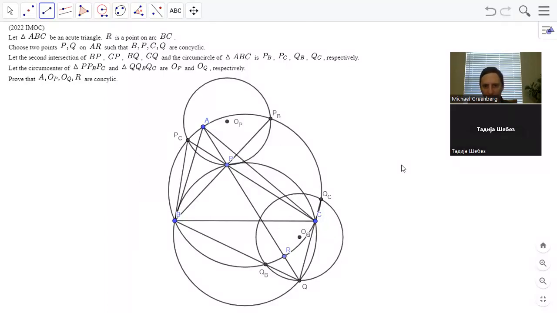Oh, it looks like PBQC is parallel to PCQB, and it is also parallel to AP. Yeah. So now it looks like we have like a homothety or something. Not necessarily, but something similar.